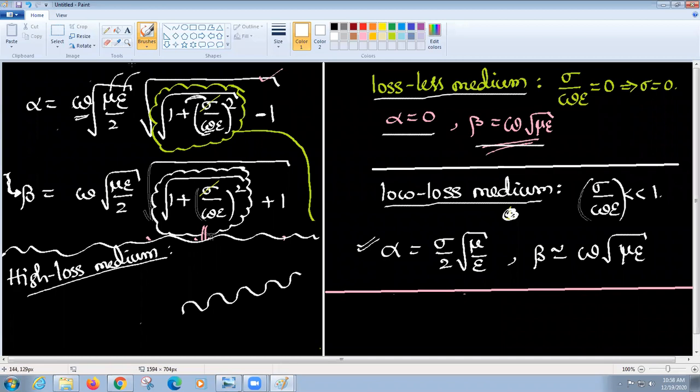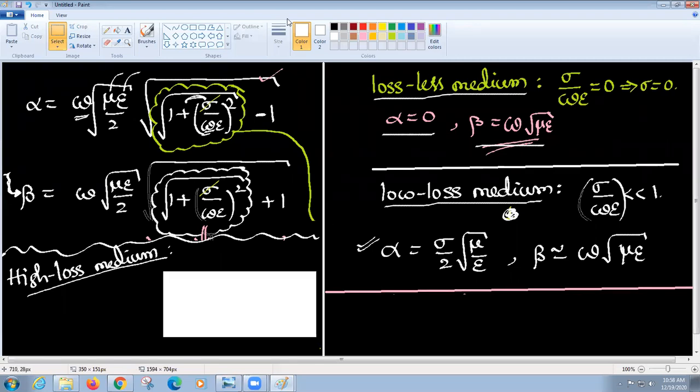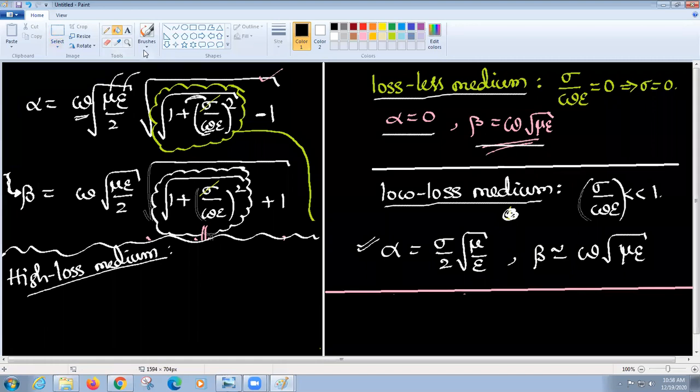So, high loss medium, then what to do? Any idea? For this, I can't go this way, so let me go this way now. I know gamma is equal to square root of this, alpha plus j beta.